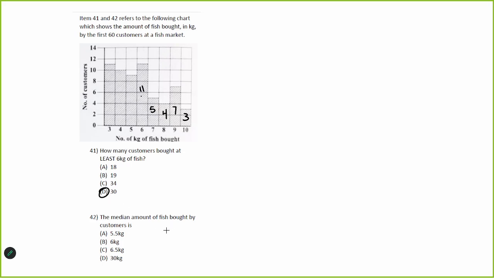The median is 60 customers. The median would be 60 divided by 2, which would be 30. So you want your 30th customer. I think it's plus 1, right? So that's 30.5, which will be the 30th customer and your 31st customer. Right? So first off, this is 11.